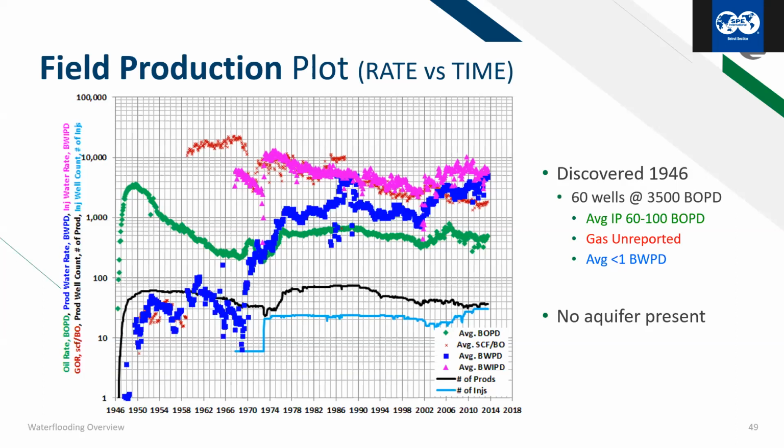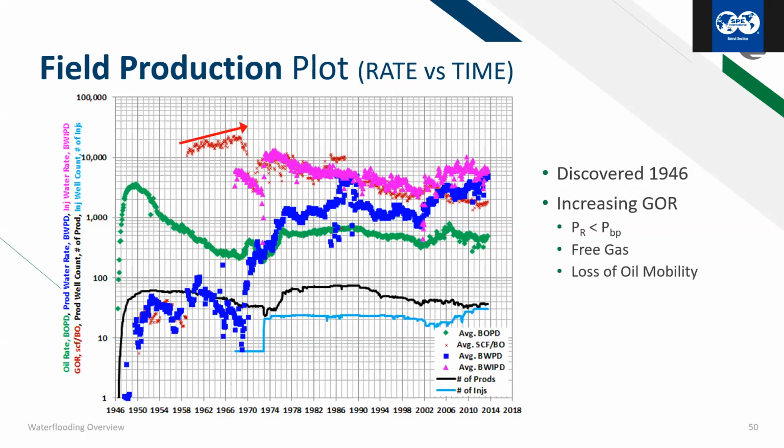Also, you have 60 wells that were drilled in the 1940s. So if those wells are still active, you're probably going to have wellbore integrity issues that you're going to have to deal with.